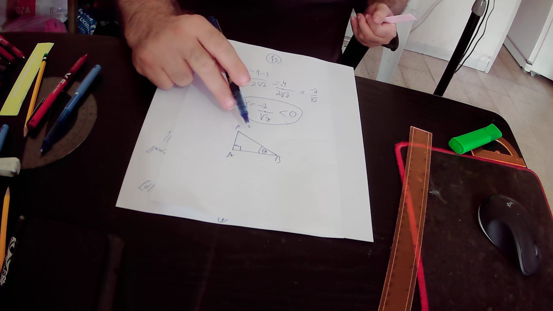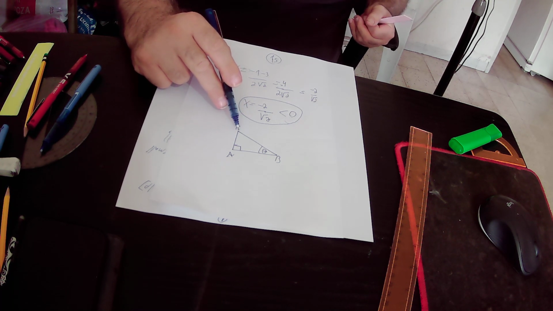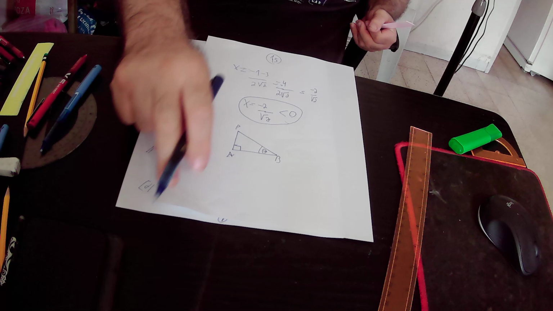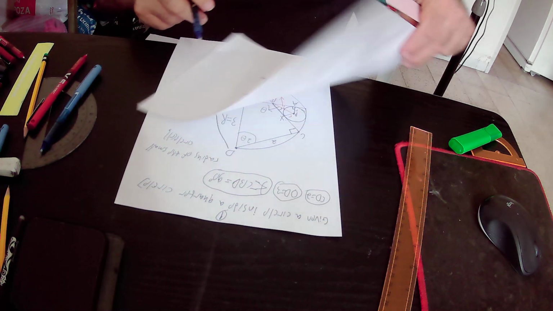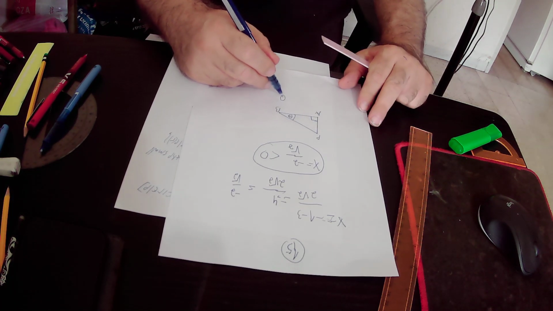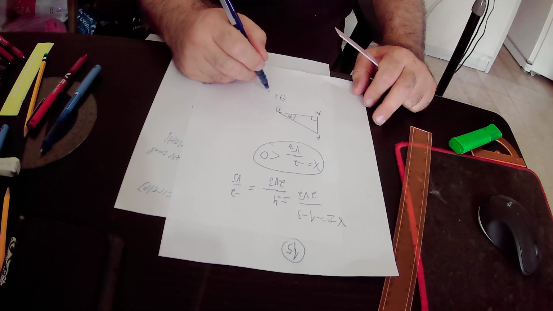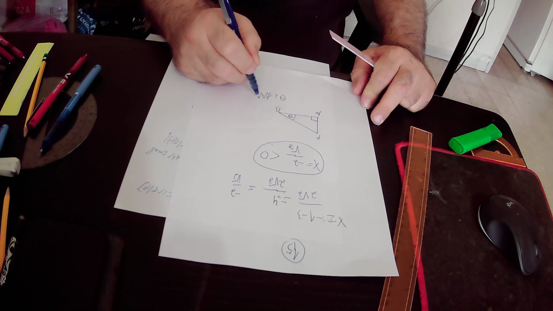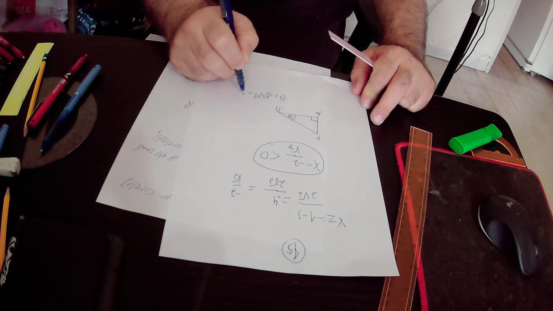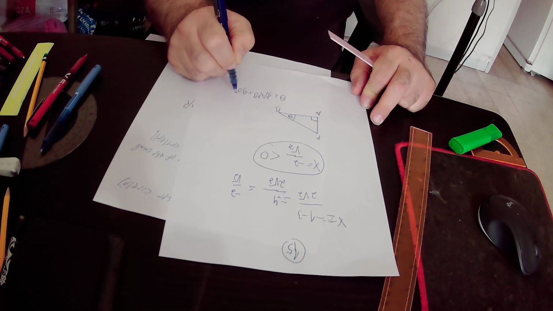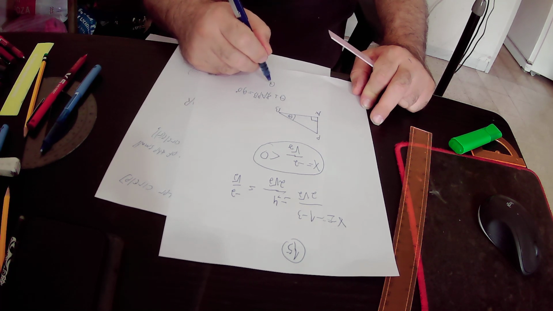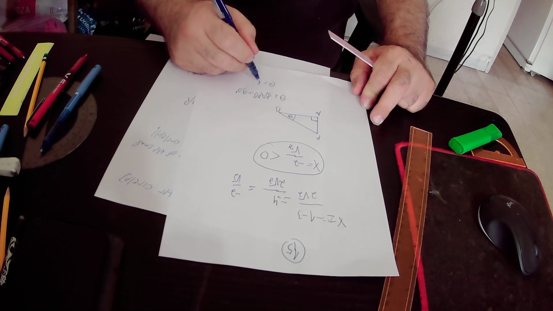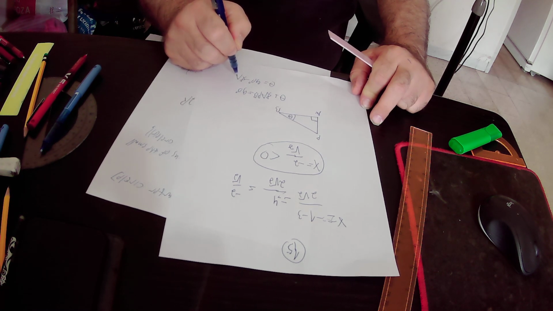So theta plus angle APB equals 90 degrees. So theta equals 90 degrees minus angle APB.